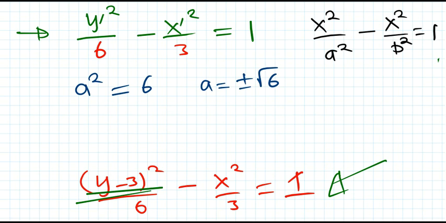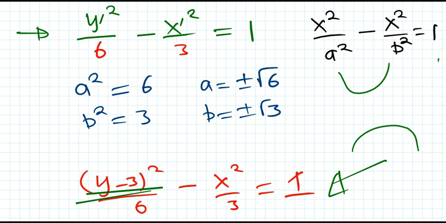And then b squared equal to 3 will give us plus or minus the root of 3. Now I've given you a hint: if you look at a hyperbola, you see that what's actually closer are the vertices compared to the foci. So the shorter ones are going to represent the vertices. But then you have to get back and remember what we did earlier when we started this topic.